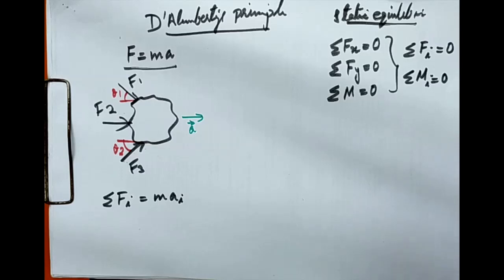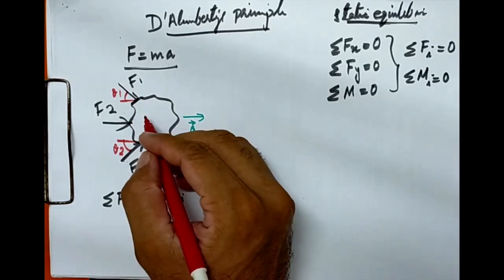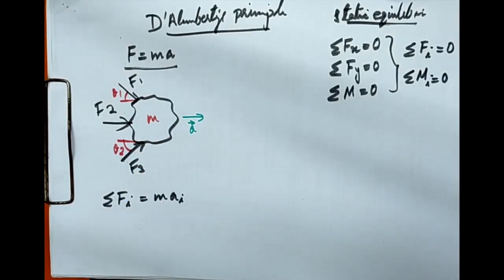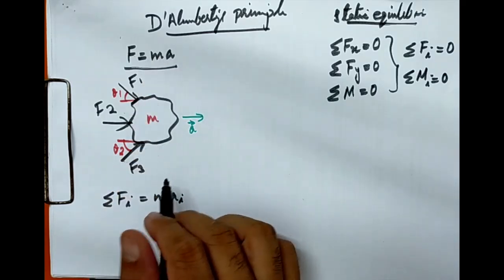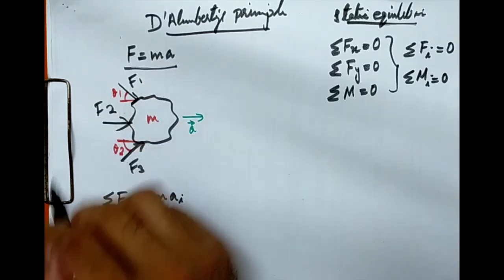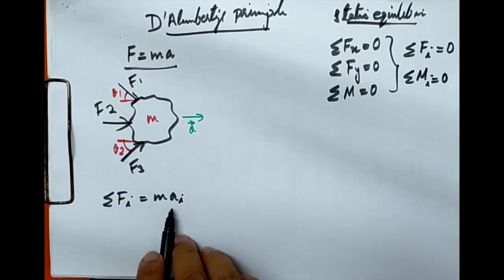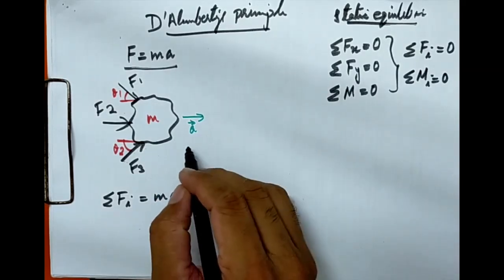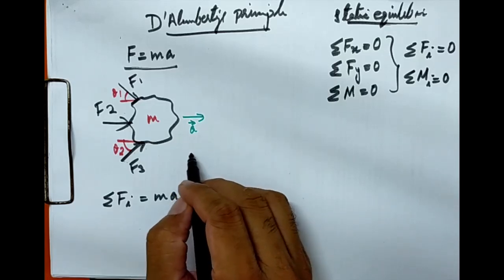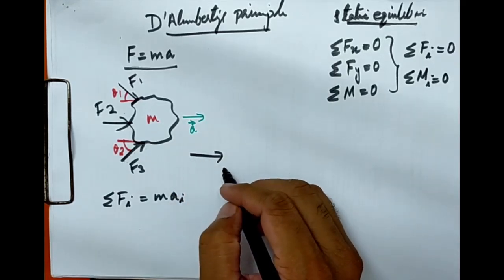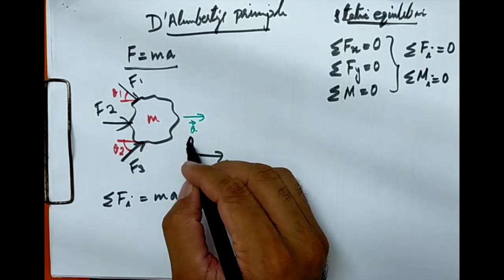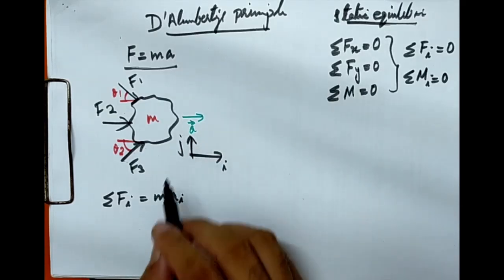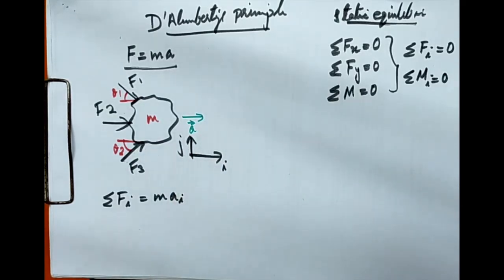Let this object have a mass m. Now, applying D'Alembert's principle, let this be my i direction and let this be my j direction. This is the coordinate system that I'm going to use here.